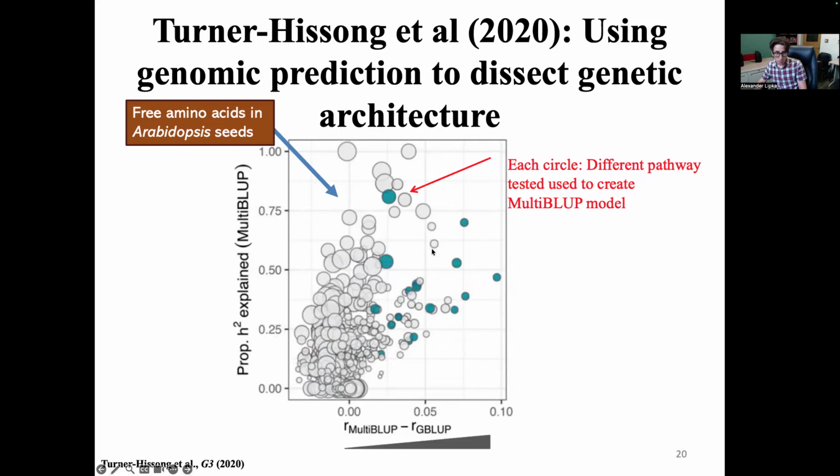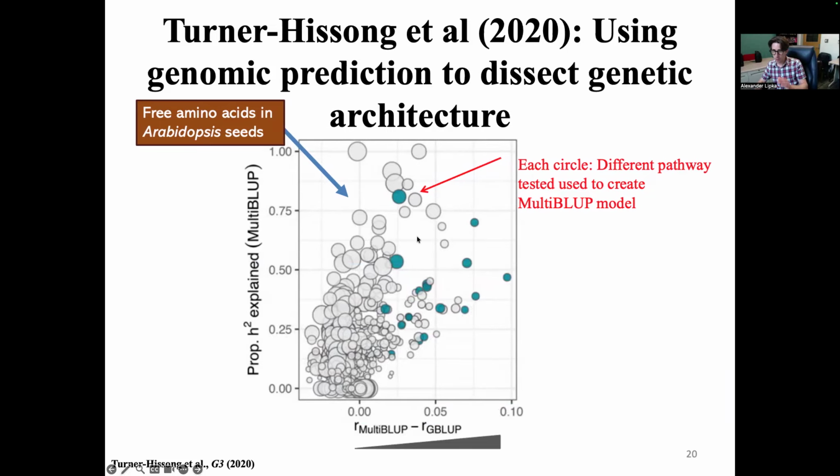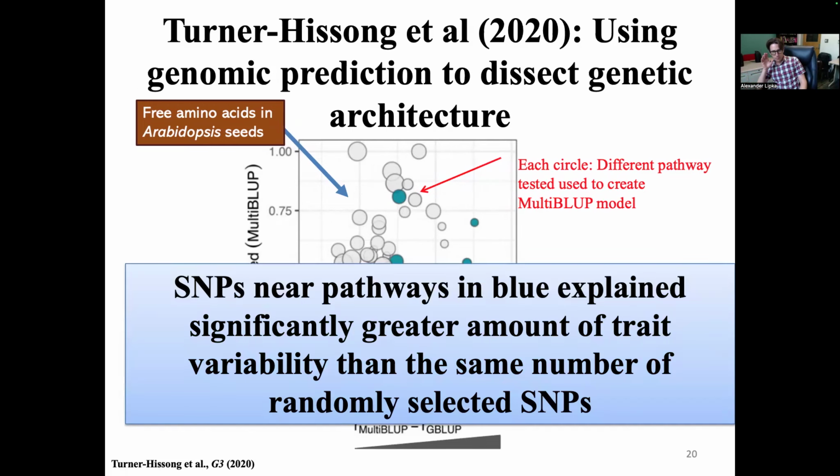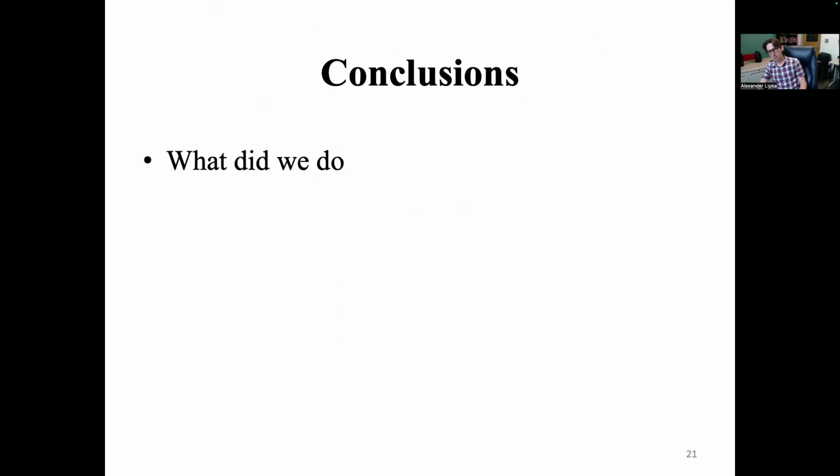Okay. So I put forth that all of the pathways that are colored in blue have evidence that the underlying a priori candidate genes are contributing to the genetic architecture of free amino acids. So the SNPs near pathways in blue explain a significantly greater amount of trait variability than the same number of randomly selected SNPs.